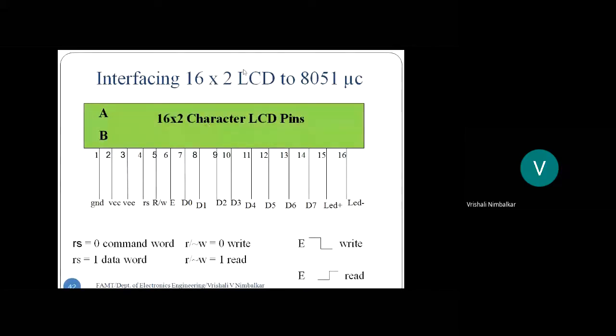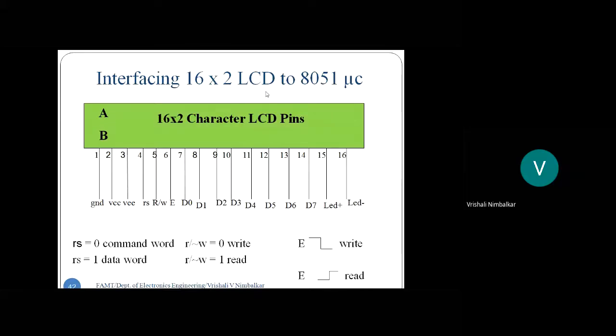Now, whatever LCD we are seeing, we are looking into character LCD. There is another graphic LCD also, right? Character LCD is specified like this: how many characters and how many rows. Whereas if it is a graphic LCD, on which we display images or graphs, in case of a graphic LCD, it is in terms of pixels, correct? 128 by 256 pixels and so on.